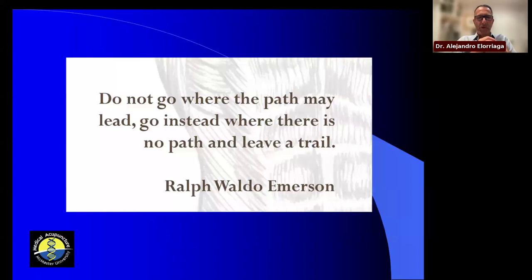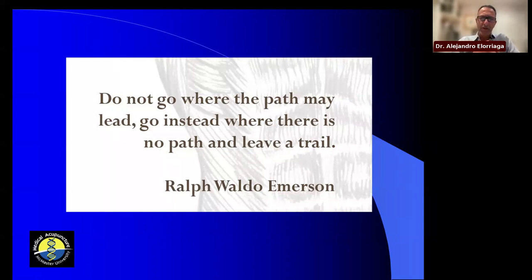I found this quote this week that I like very much, and I'm sharing with you. Don't go where the path may lead. Go instead where there is no path and leave a trail. Ralph Waldo Emerson. A beautiful manner of expressing what I believe is part of the task of an excellent clinician, a committed clinician.